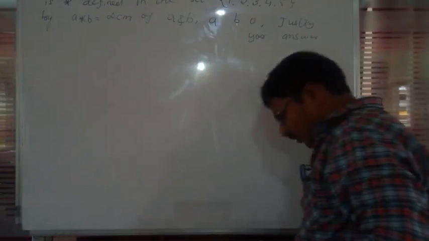Star defined on the set 1, 2, 3, 4 by A star B equal to LCM of A and B, is it a binary operation?